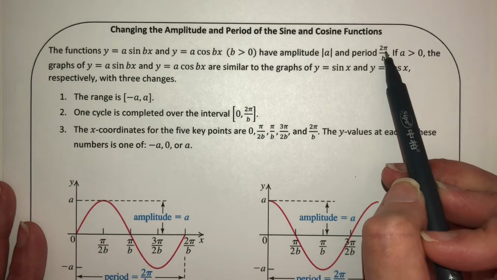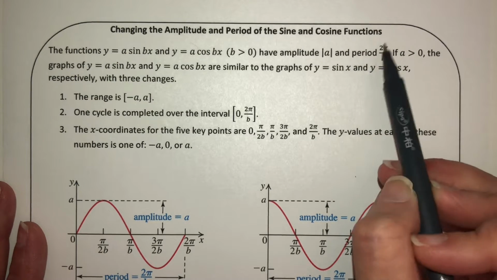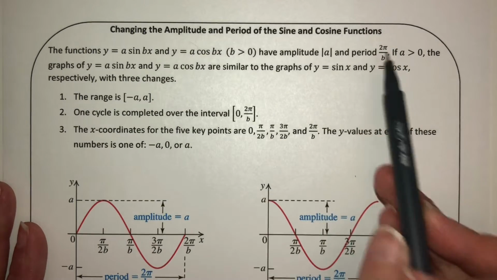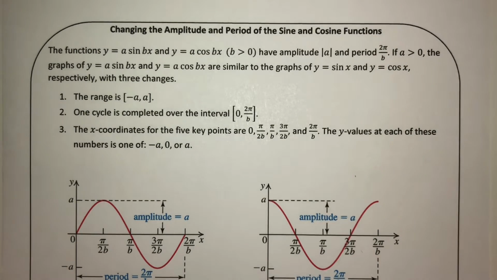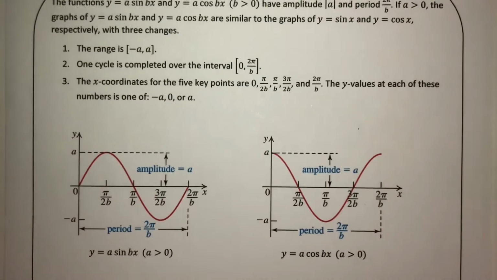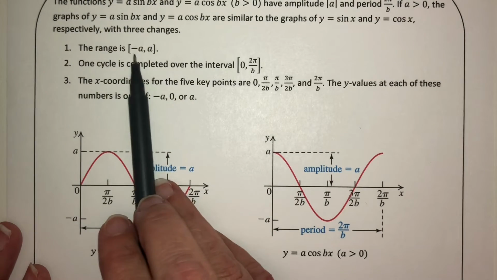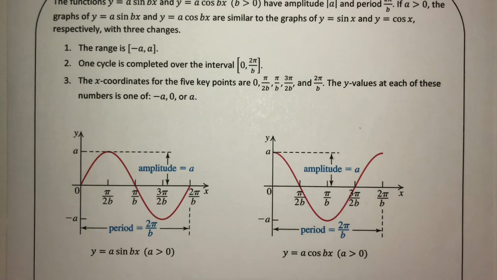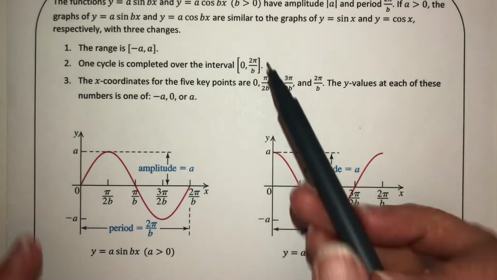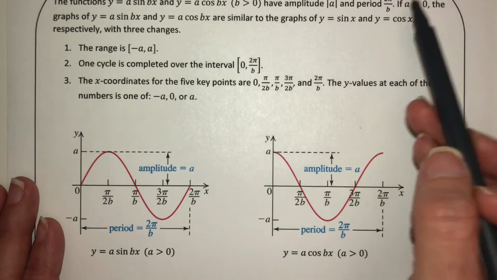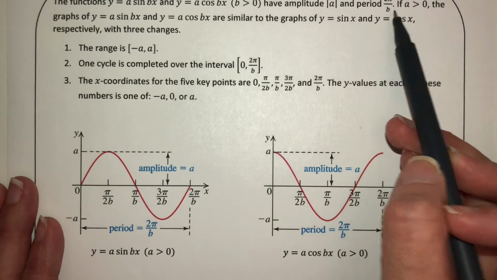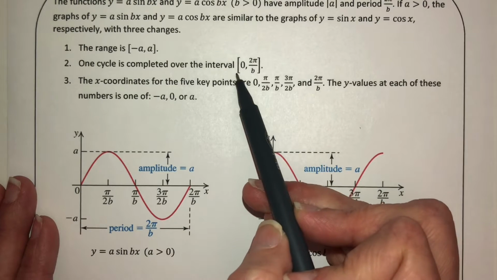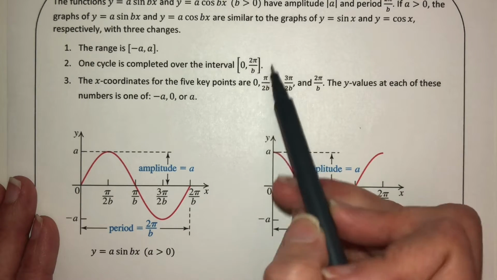And then if the argument has a multiplier, it ends up changing the period. So the range of something like this goes from negative a to a. We've talked about that already. One cycle is completed over the length of a period. We know that the period is 2 pi over b, so the cycle is completed over 0 to 2 pi over b, whatever that happens to be.